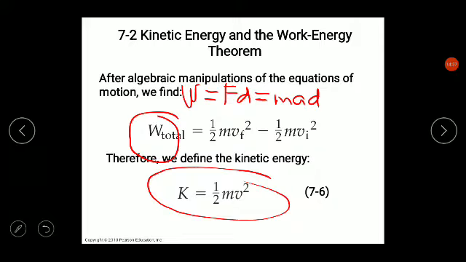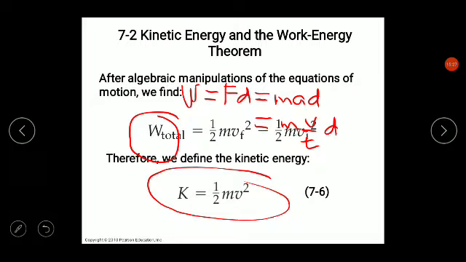If we're going to decompose acceleration, then we will have mv over t, or we can even have this as dv dt, and then times d. We have here this one as delta x.